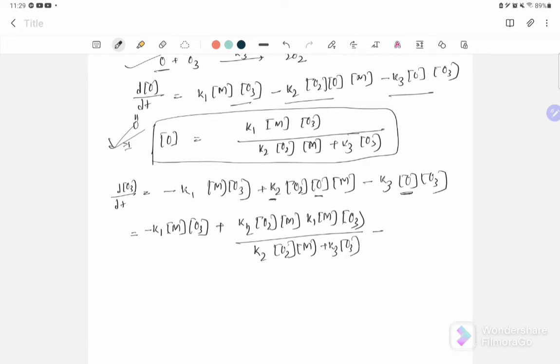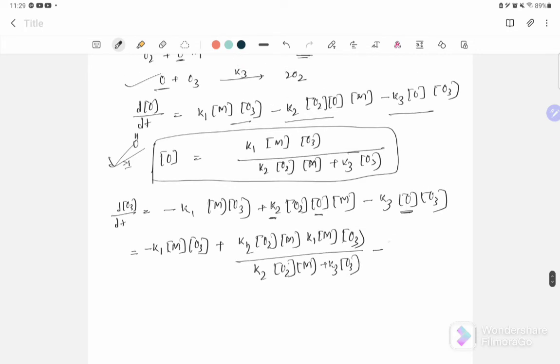Minus this term is K1 K3. We'll write the result: here O3, here also the O3 squared will be there, so O3 means ozone squared, that is [M] by K2 [O2][M] plus K3 [O3].